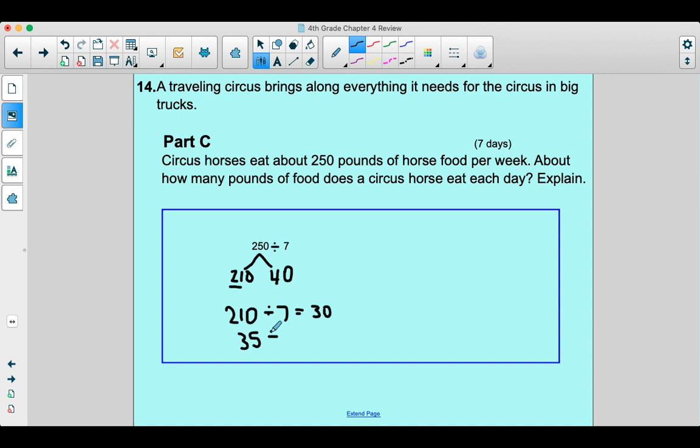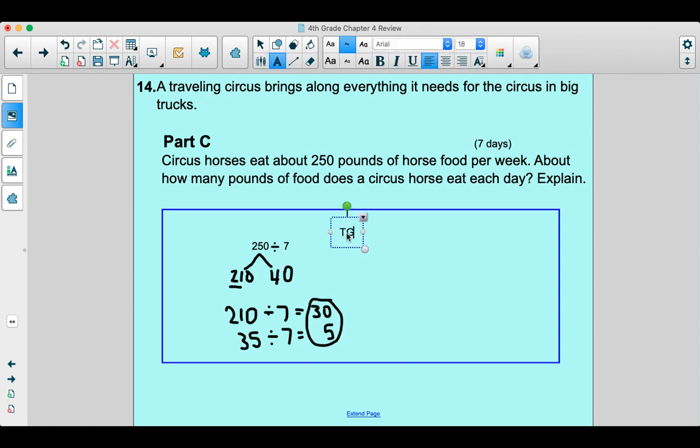Get 5. So a good estimate here would be 35 pounds. But then we could also round it to the nearest 10. So we could say the horse will eat about 40 pounds of food.